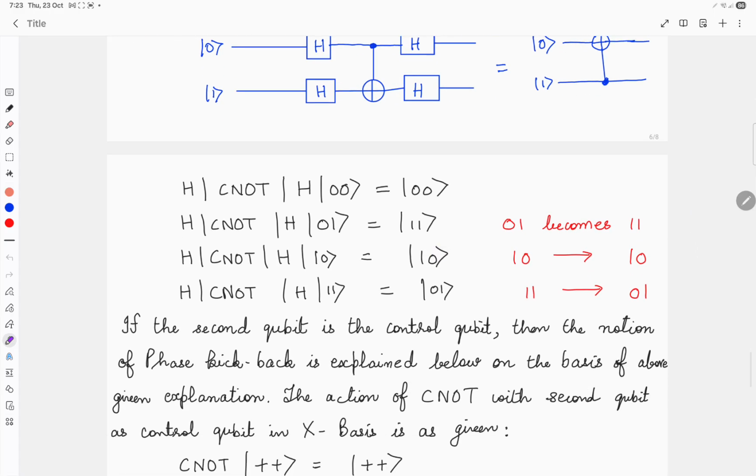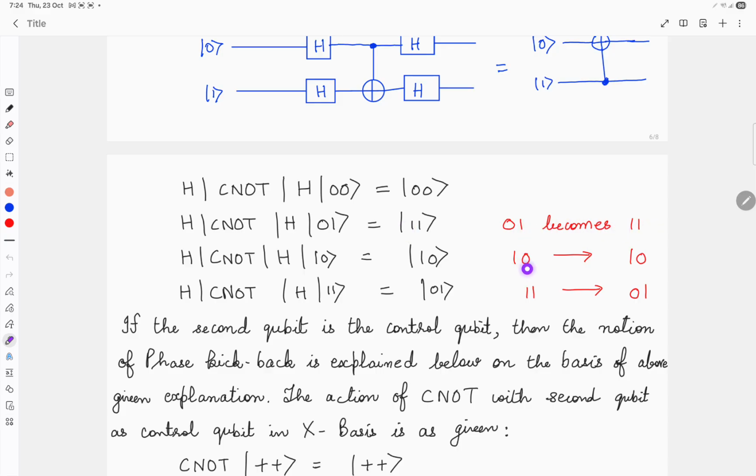For the |00> case, when the second qubit is 0, the first qubit will remain as it is. So for |00>, the output is |00>. For |01>, when the second qubit is 1, the first qubit is 0. That means the second qubit is the control qubit. This is 1, so the first qubit will be complemented. So that means 01 will become 11.